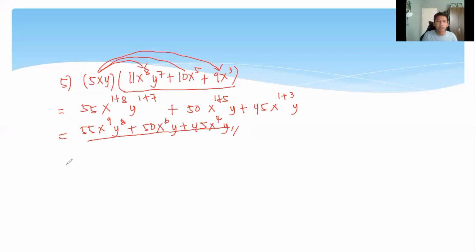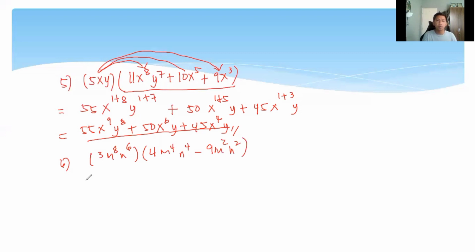Okay, next. How about if we have example number 6, the quantity 3m raised to 8 n raised to 6 times 4m raised to 4 n raised to 4 minus 9n squared m squared.